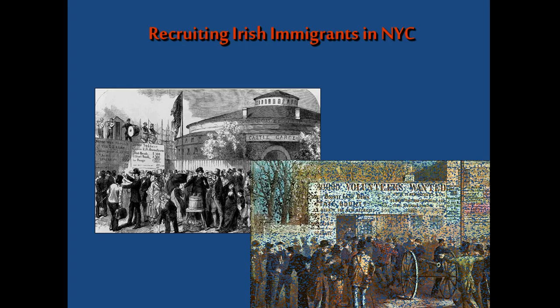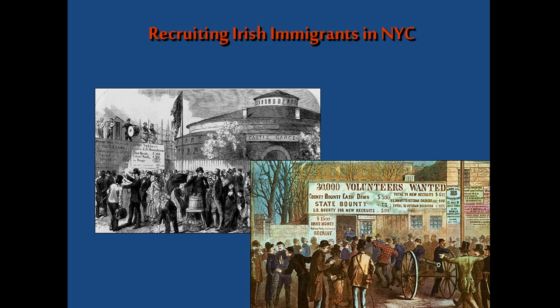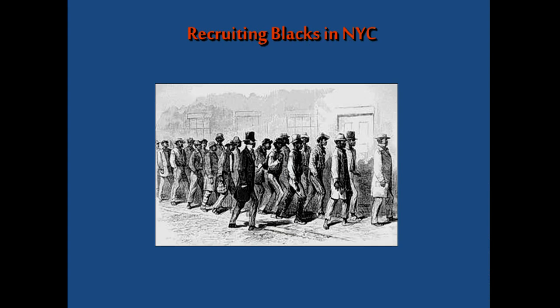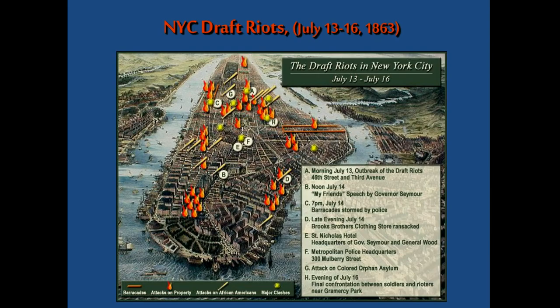Ethnic groups such as the Irish are going to be recruited to volunteer into New York City, for example, here in these pictures. Blacks are also going to be recruited, as you can see here. And there's also going to be draft riots where people are going to basically say that they don't want to fight in this war.